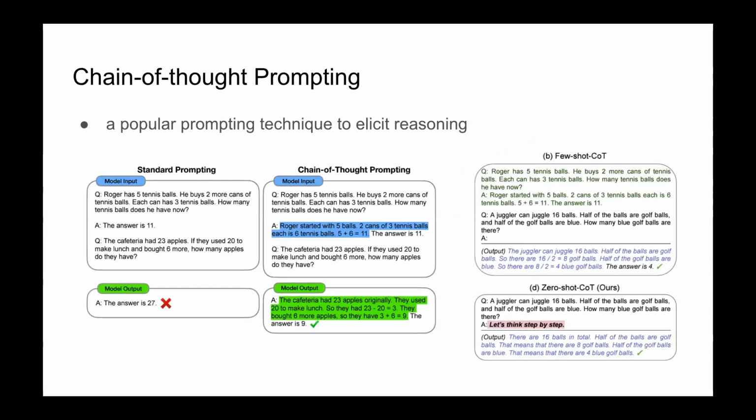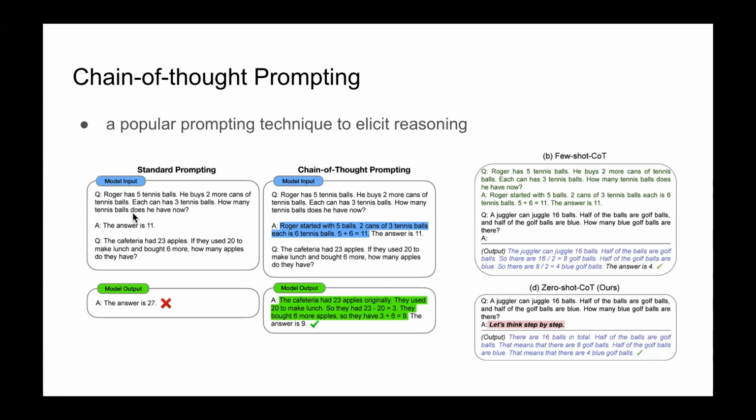So a little bit about chain of thought prompting. This is a popular prompting technique to elicit reasoning. Here is an example of a math question answering. With standard prompting, you ask the model, Roger has 5 tennis balls. He buys 2 more cans of tennis balls. Each can has 3 tennis balls.